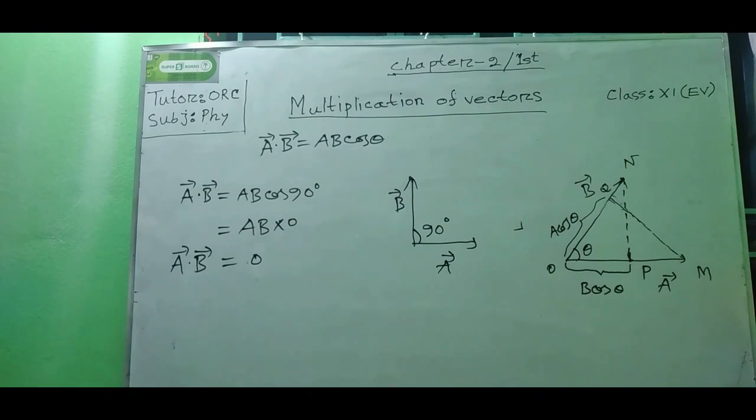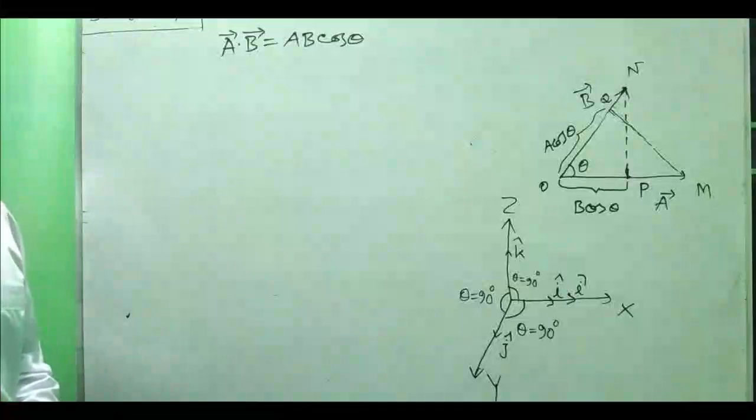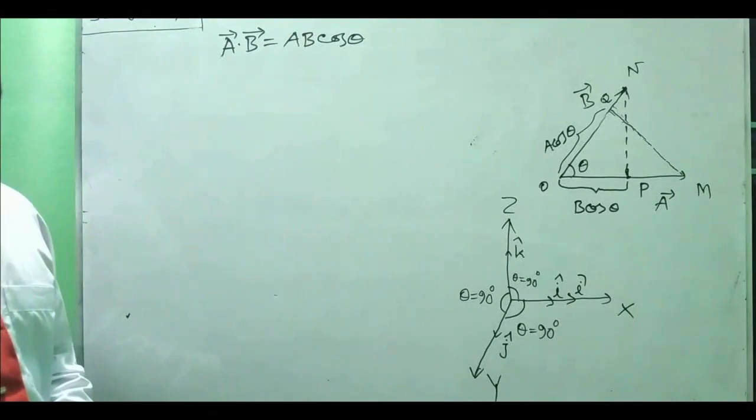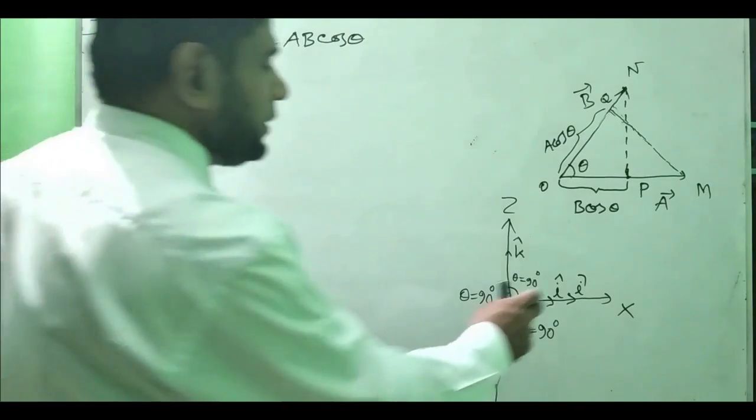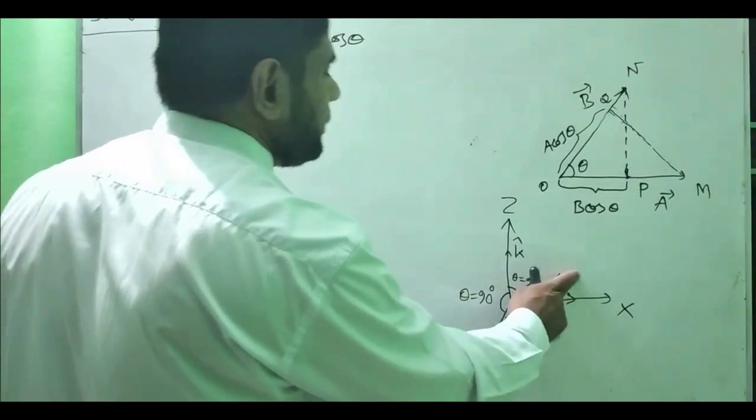So it's another important property of the dot product of two vectors. Now we'll discuss another property of the scalar product. If we multiply two unit vectors with each other, what will be the value?